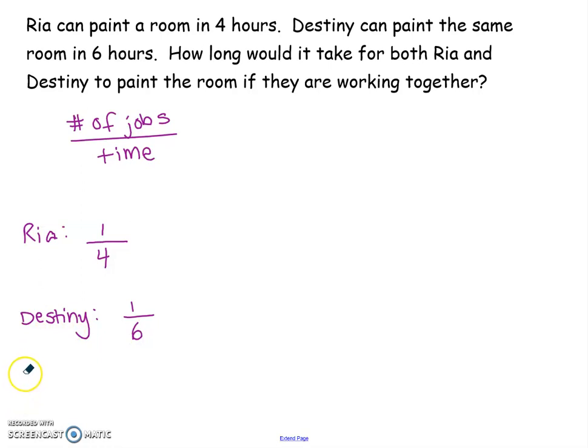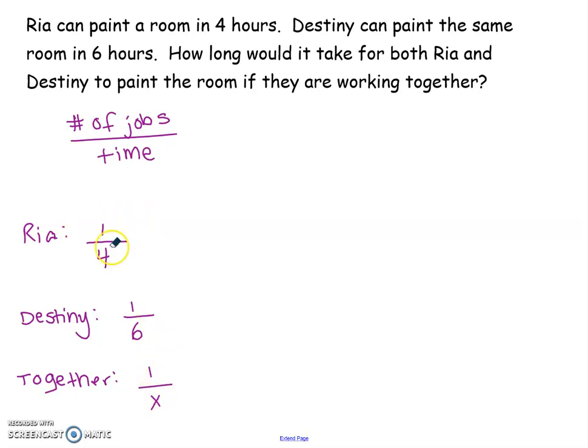And then we want to know how long it takes for both of them if they're working together. So together, they will be able to get one room done, so one job, in, we don't know, x hours. That's what we're trying to find.